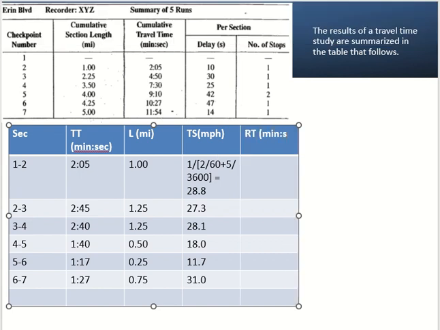Again, minutes and seconds. It's 2 minutes 5 seconds and the delay is 10, so 1 minute 55. Very good. Next, 245 minus 30. The next one is 240 minus 25.